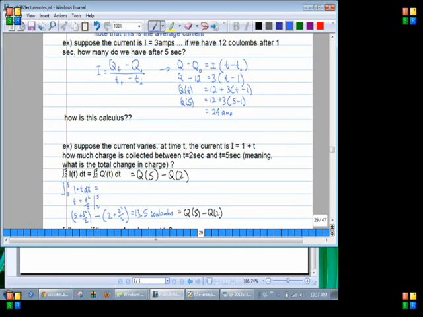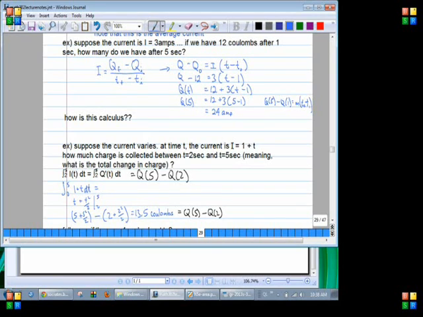Because that would be I equals dq over dt. So let's see. Q of 5 minus Q of 1 equals the derivative times T2 minus T1.